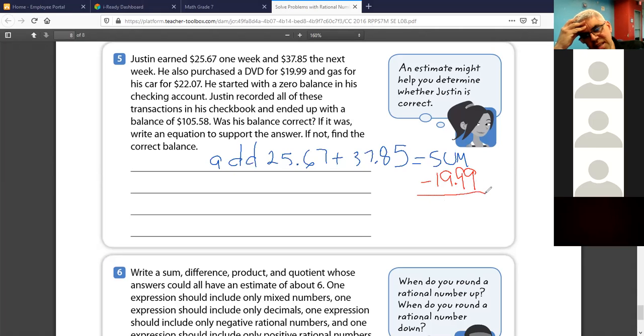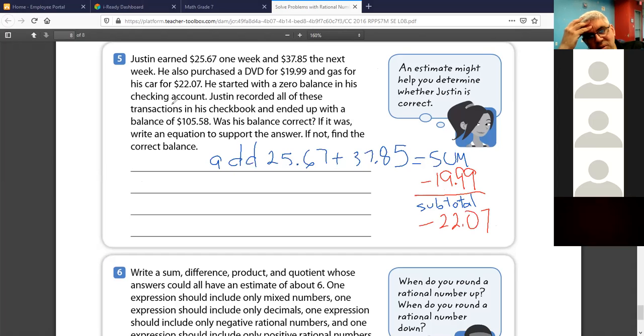If it was 60 something minus 20, you're going to have 40 something. What you get from subtracting the first amount is a subtotal. To that subtotal, whatever that number is, you're going to subtract the second expense, the gas: 22.07. So this is the setup.